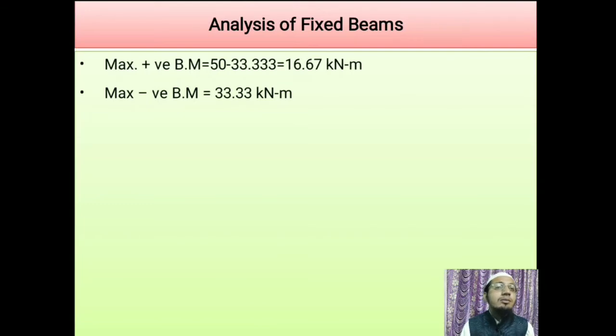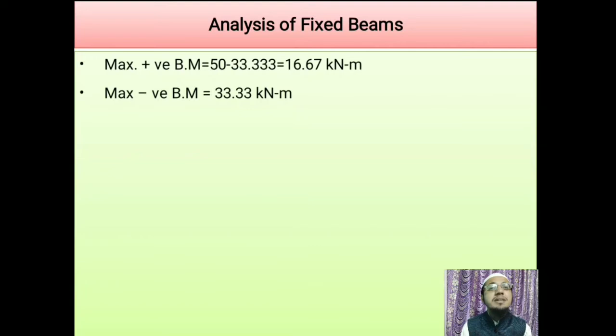In our case, the maximum positive moment for the simply supported beam is 50, and for hogging we have obtained 33.33. So the net moment at the center or midpoint will be 50 minus 33.33, which is positive 16.67 kilonewton meter.